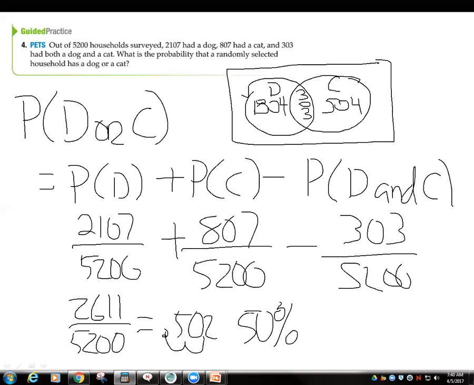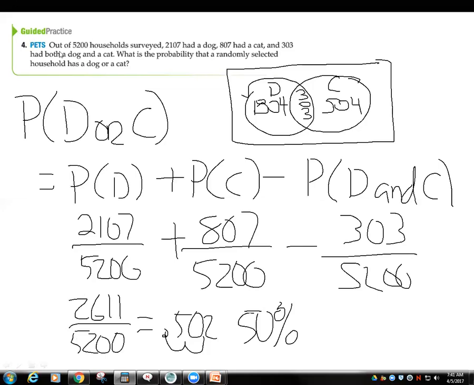If you add those three up, 1804 plus 303 plus 504, you get 2,611, which is this number right here. That's how many households have just a dog, just a cat, or a dog and a cat.